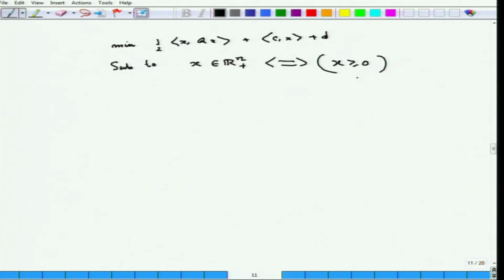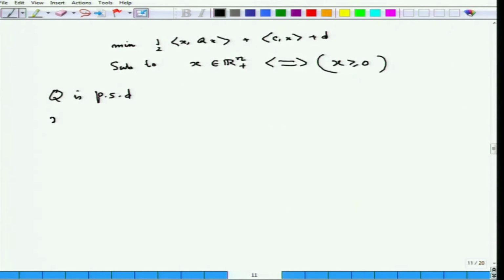This means that every component of x is greater than or equal to 0. Q is positive semi definite, and then this is a convex function which we are minimizing over the convex set C, which is now Rn plus.